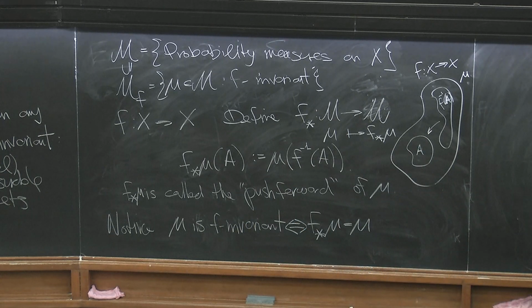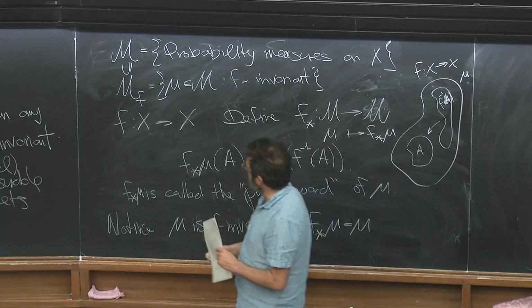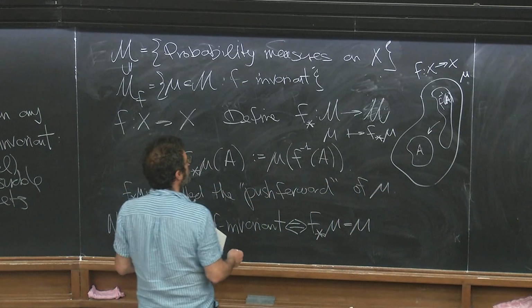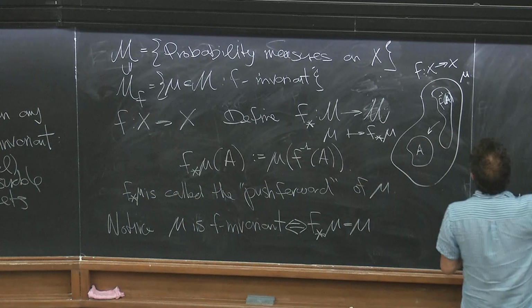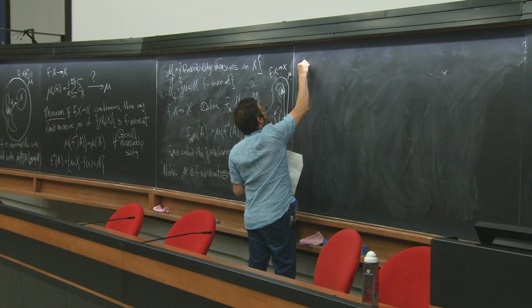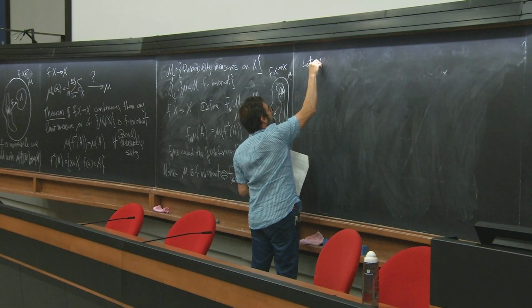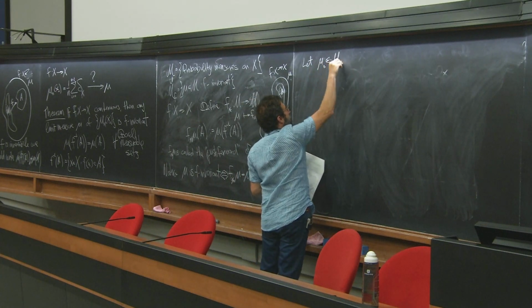So we're going to do this. So now we are going to fix some arbitrary mu0 in the space of probability measures.